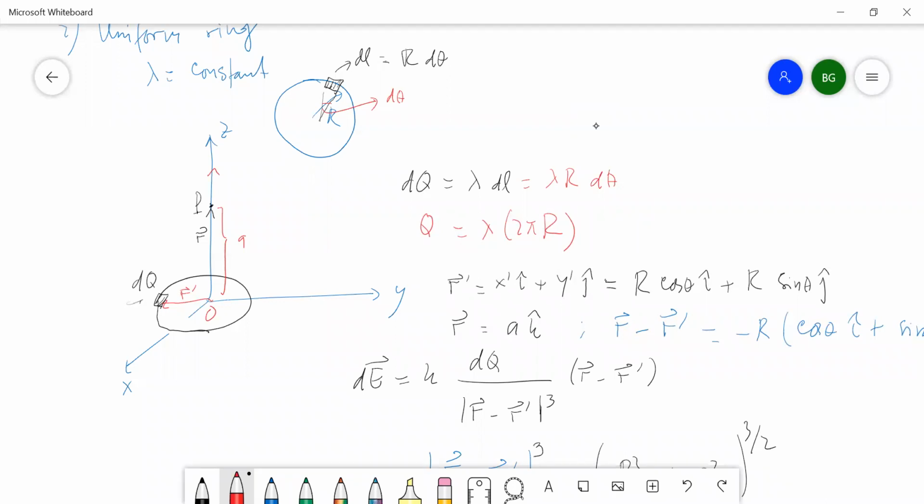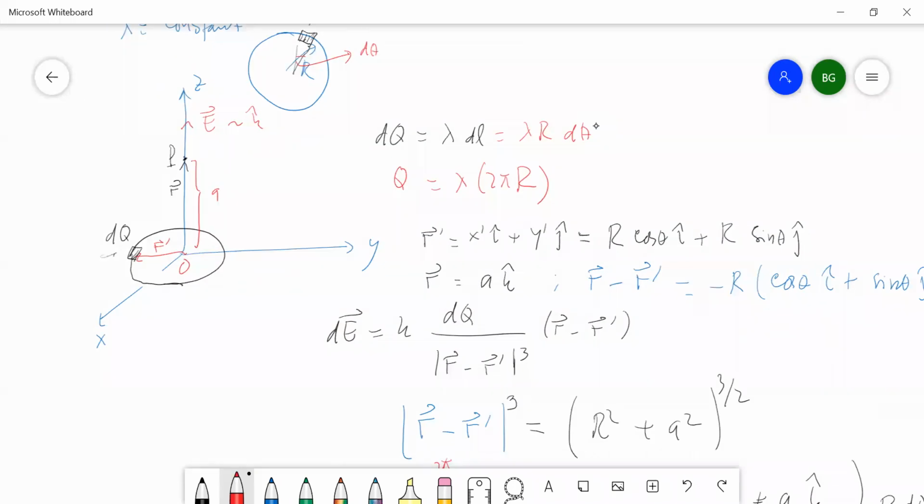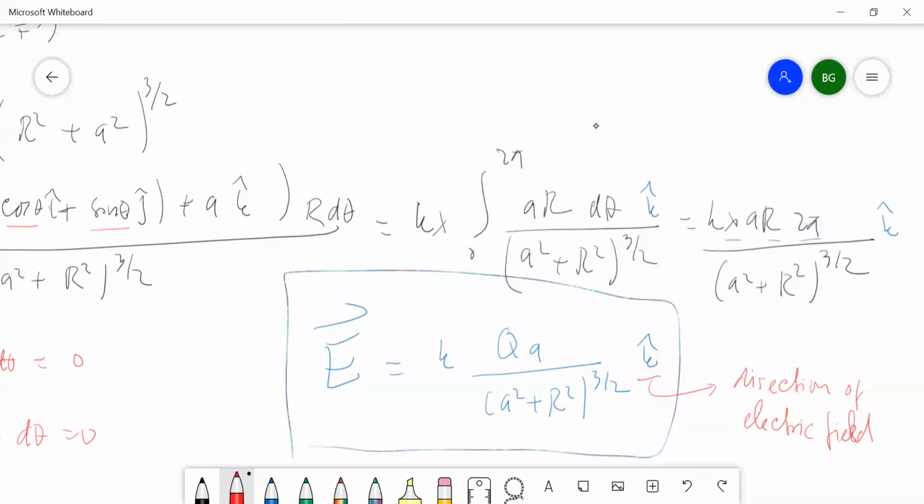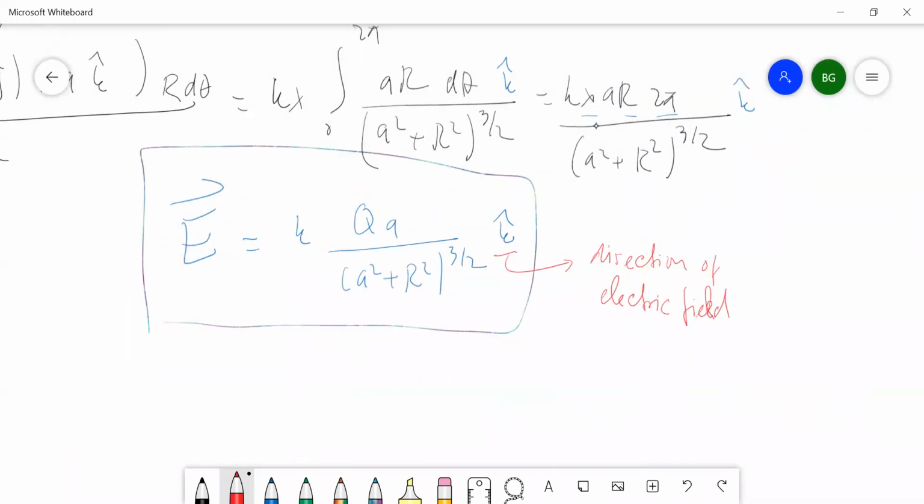Okay, this electric field is proportional to the unit vector k, which means that each of these infinitesimal charges cancel each other in the xy components. So we have only the z component. Okay. Any question?